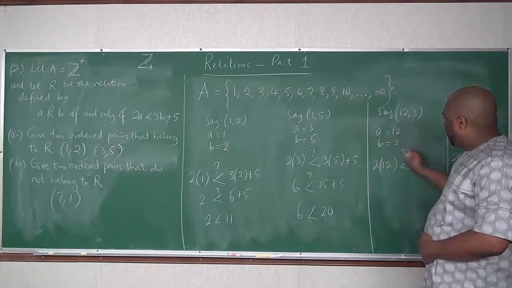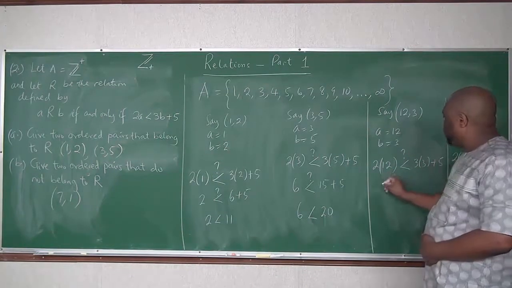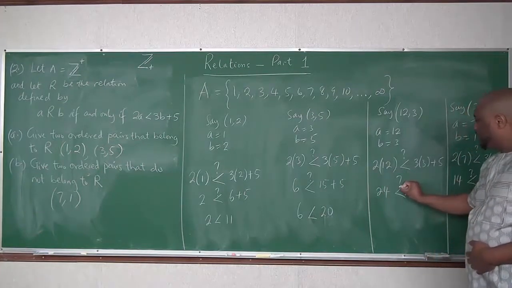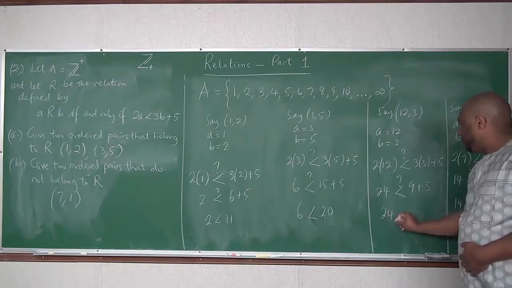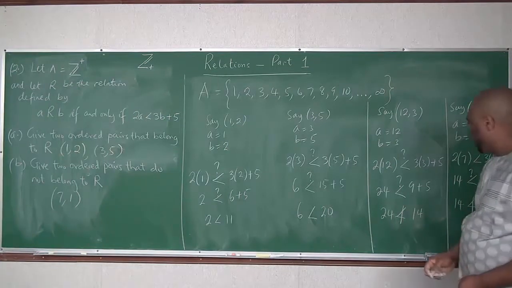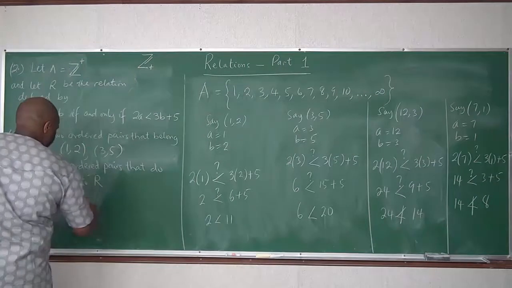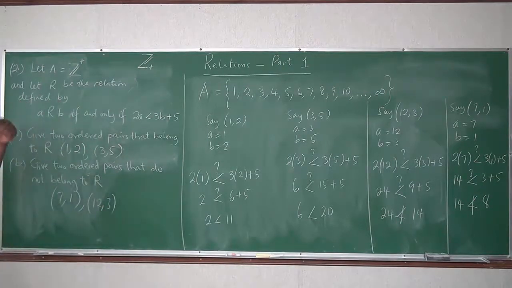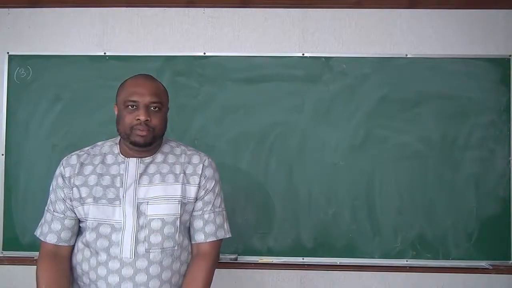Is it less than 3 times 3 plus 5? 2 times 12 is 24. Is 24 less than 3 times 3, 9 plus 5? 24 is not less than 14. So (12, 3) is another one. Okay? And that is question 2. That's it. Our next question is question 3.